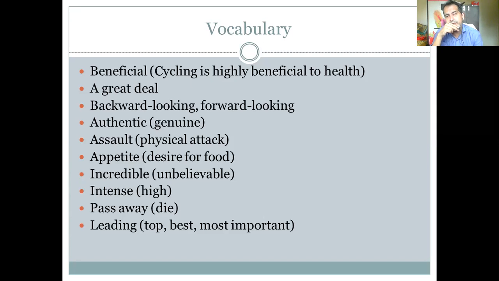In that case, incredible is unbelievable. That is, which is very tough to believe, very difficult to believe.